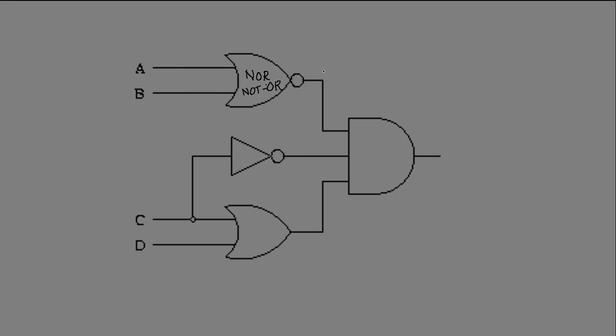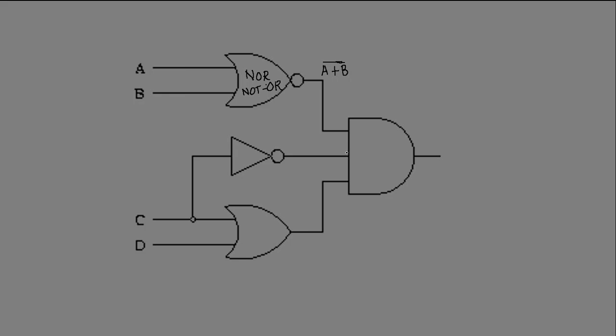Not OR gate. So what I will do? First of all, I will find the OR gate's output because it will be bubbled. So therefore the output of the OR gate will be A plus B and it's complemented, right? So this will be complement of A plus B as input to the AND gate. Then C is complemented and given to the AND gate.